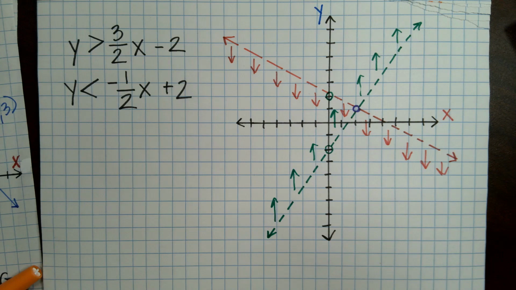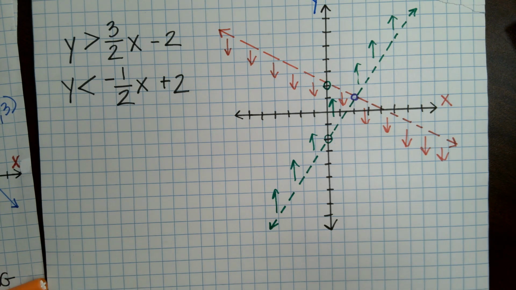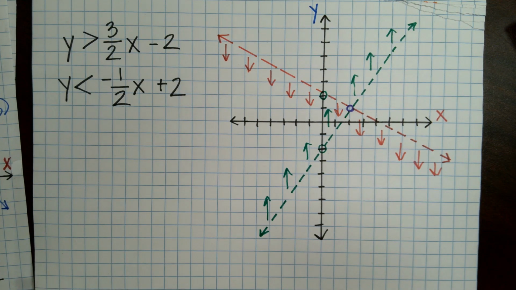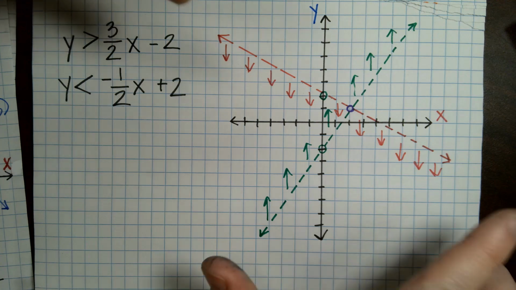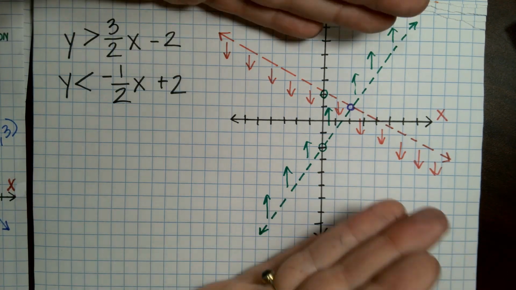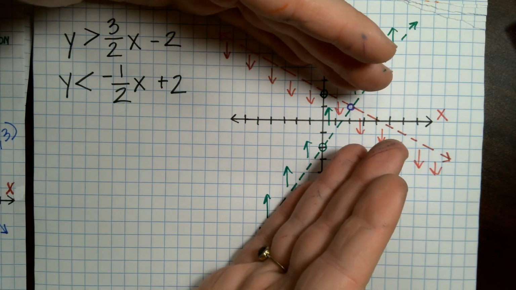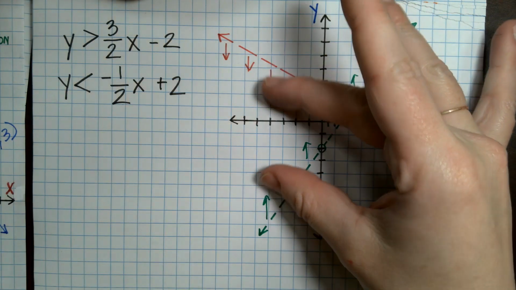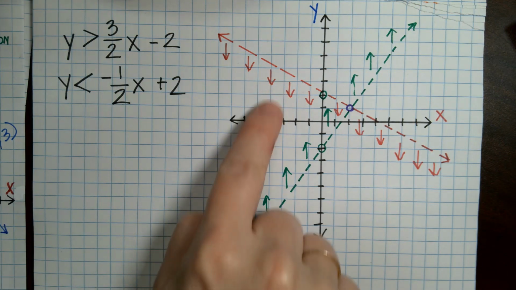I'm going to draw my arrows that tell me what direction to shade in. Okay. So once you've got all your arrows, we got to decide where we're shading this system of inequalities. And here's what you're looking for. You are looking for where the line shading overlaps. So I've got arrows pointing towards each other in this section. You guys see that?